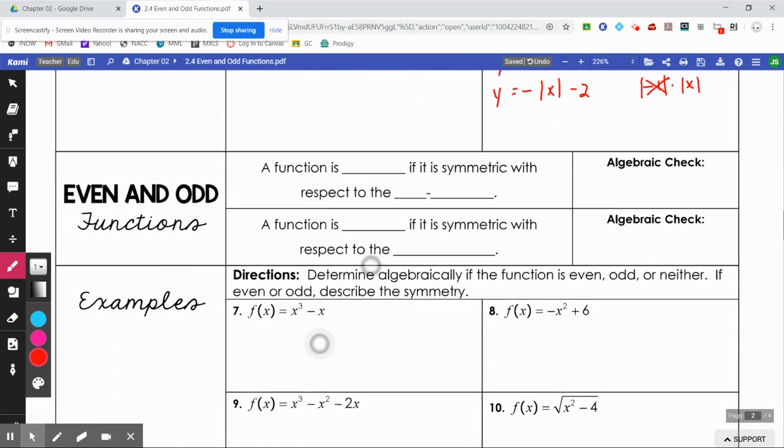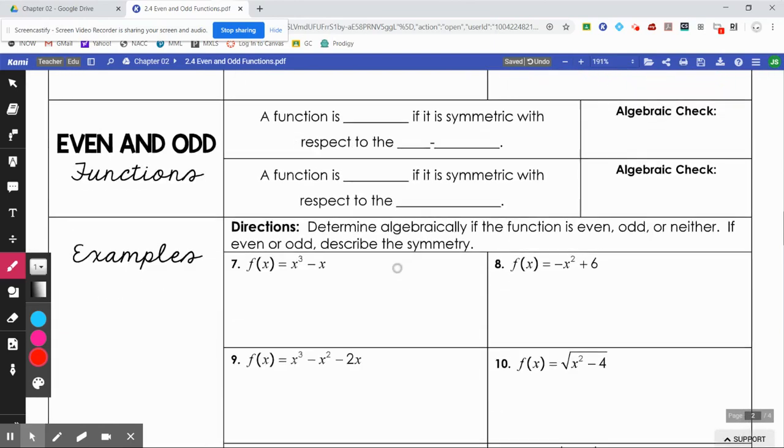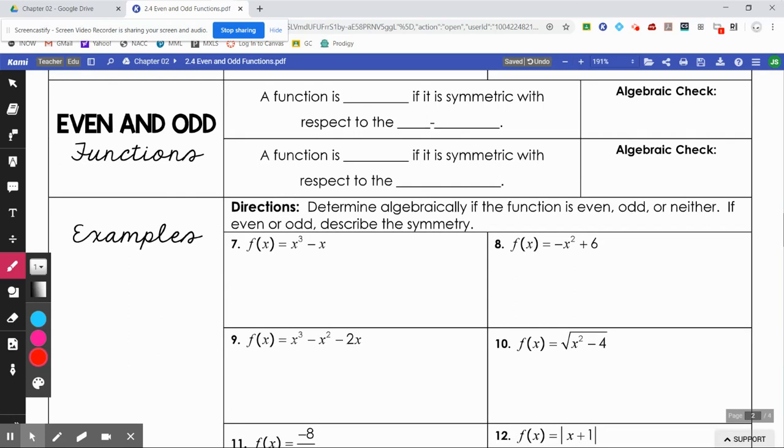Now, even and odd functions, we have special names for these symmetries. Now let's actually apply those names to them. A function is even, we'll start out with, if it is symmetrical with respect to the y-axis. If it has y-axis symmetry, therefore it's going to be considered an even function.